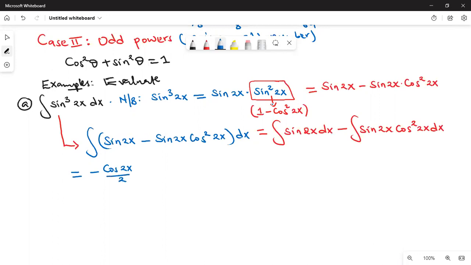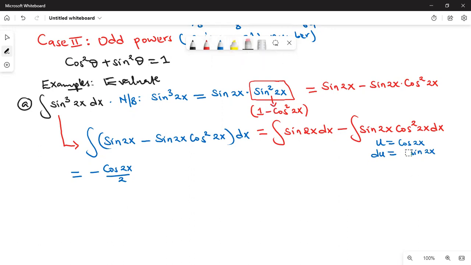The other one, how do we integrate the other integral? Here you have to use u substitution. Here you are going to say, let u be equal to cos 2x, so that du dx, when you differentiate cos, you get negative sine 2x times 2, negative 2 sine 2x, let me write that.